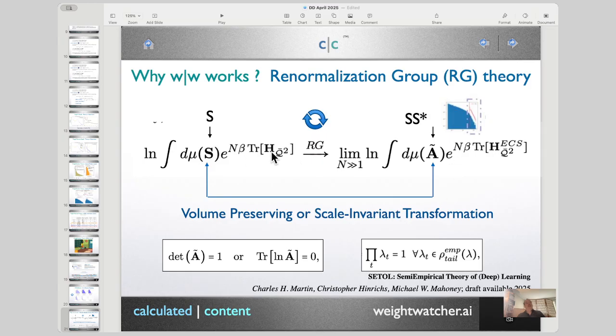This H, well, we won't talk about the whole equation. But the idea is the theory predicts that you should have the product of the eigenvalues, or the sum of the log of the eigenvalues of this matrix, which we called X above.